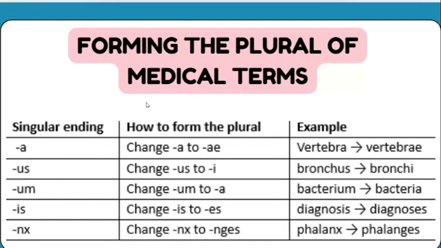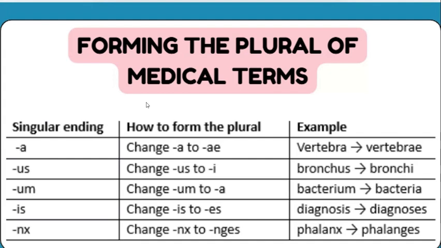These are common rules. If you have endoscope, we have endoscopes. If a word is ending with a vowel sound, you can always add an s. These are common rules that guide how plural forms are created in the medical world.